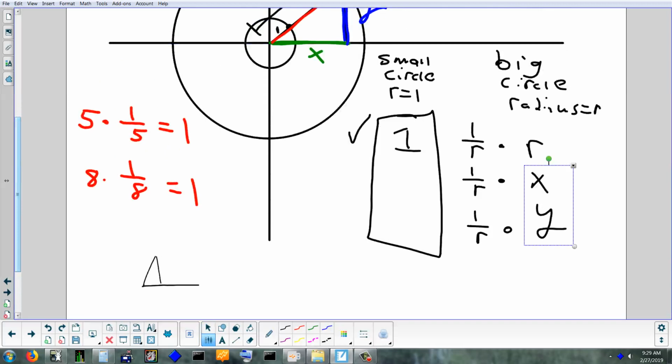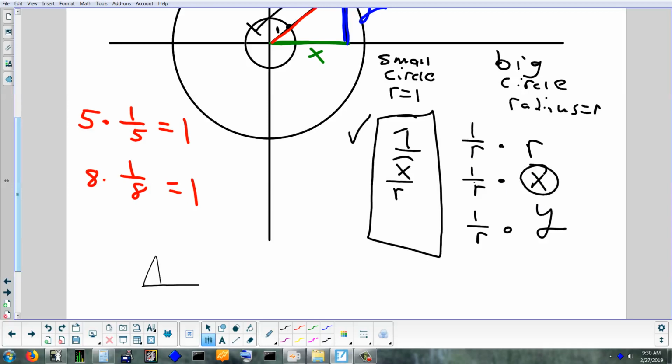Okay. Now I want to multiply these two together. X isn't a fraction, so what could you put in the denominator if you wanted to make it a fraction? 1. And now just multiply straight across. What's x times 1? X. And 1 times r. R. So look at what just happened. On the big circle, you had an x.